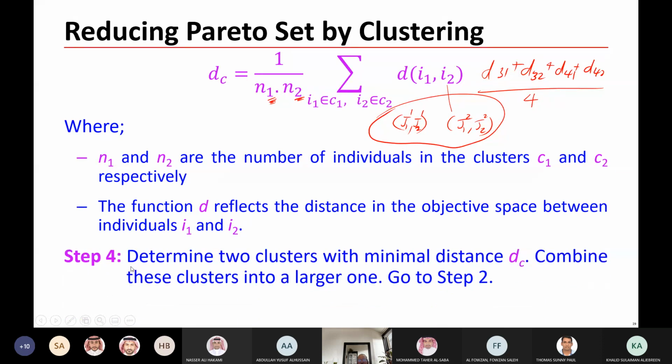Step 4. And of course, if you have other objectives, you can continue. Determine the two clusters with minimal distance DC and combine these clusters into a larger one.